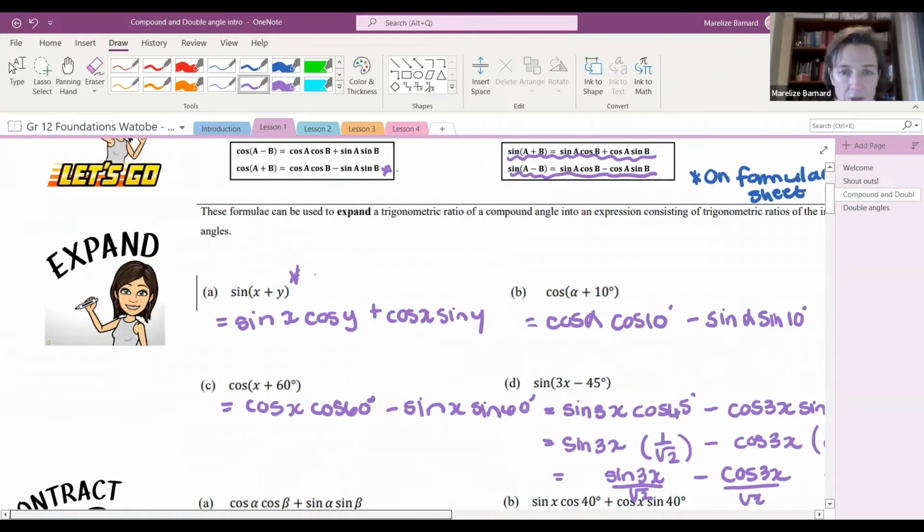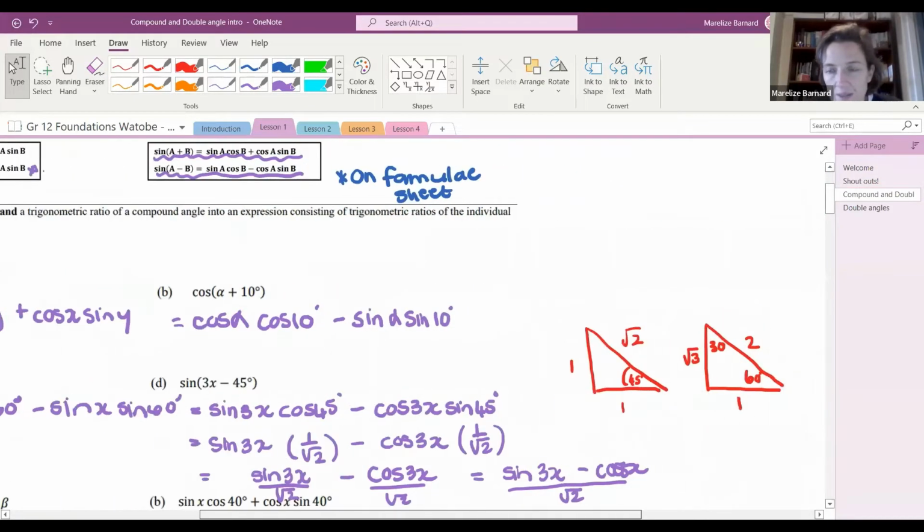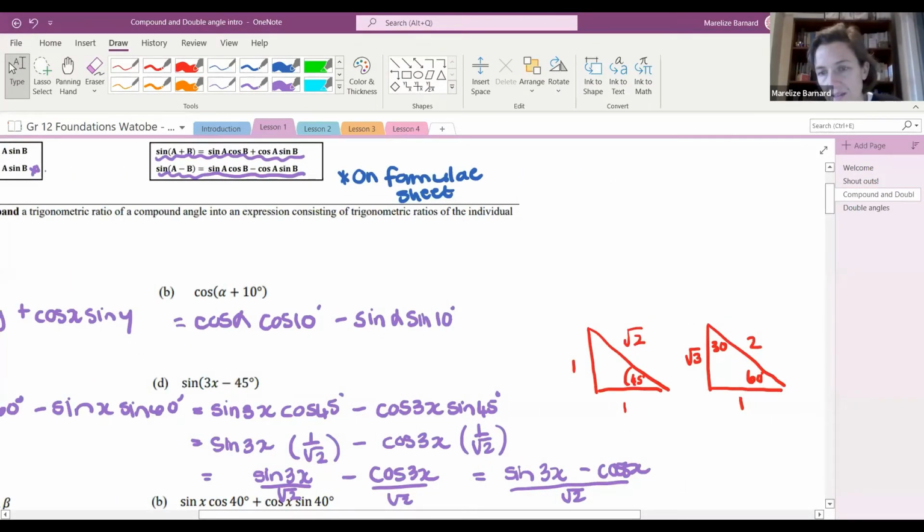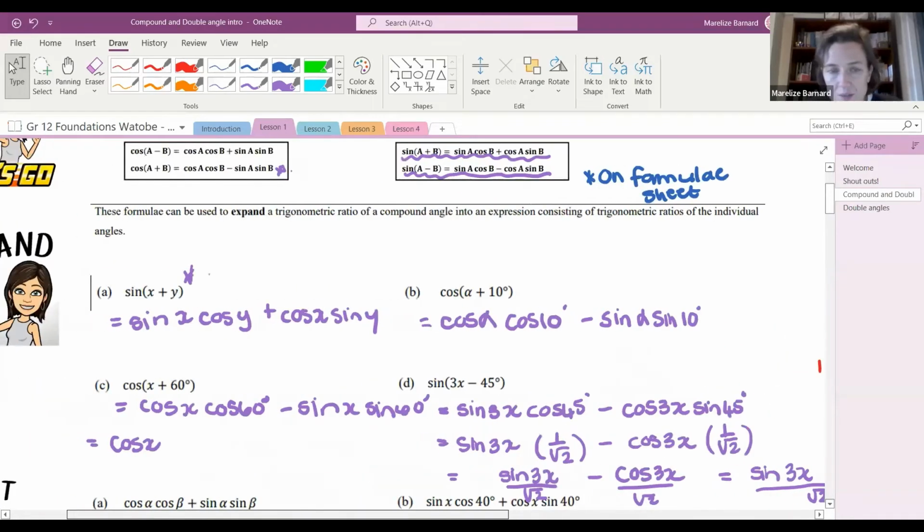Okay, do we need to go back to C? Yes, there we go. Let's just go back to C and finish that one, because 60 is also a special angle. Thank you for that, Mohammed. So let's simplify that. So cos x, and then cos 60, is adjacent over hypotenuse, so that's 1 over 2.